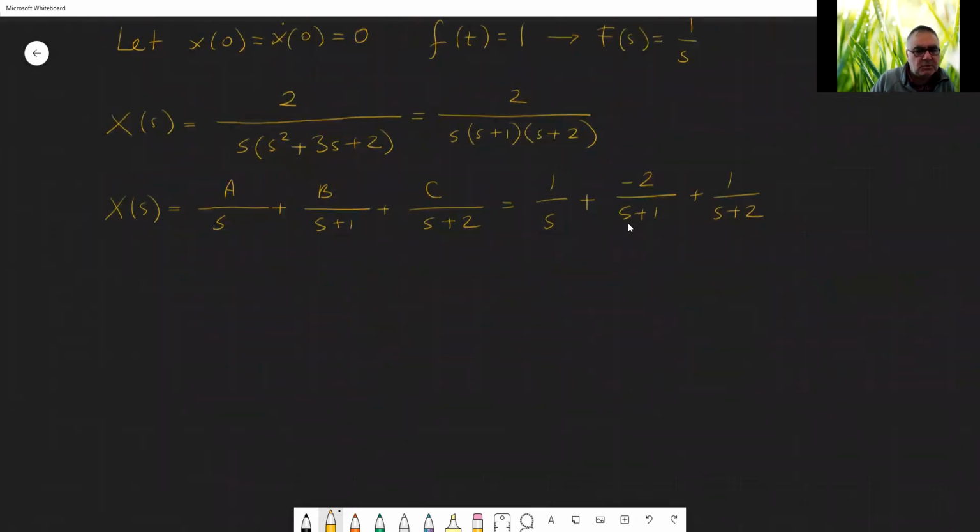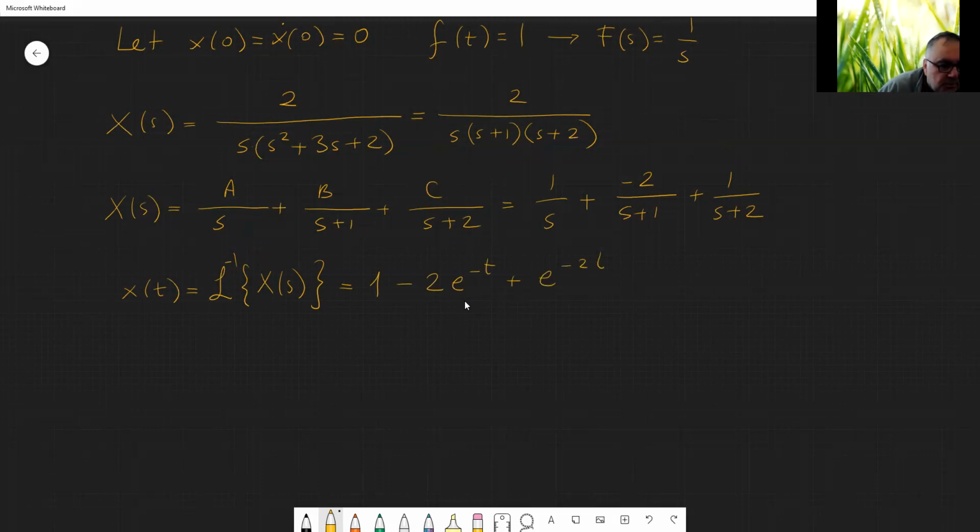Now, these are all invertible functions. We know the solutions to them. So x of t, the inverse of X of s, is 1 minus 2e to the minus t plus e to the minus 2t, which is valid for t greater than 0.